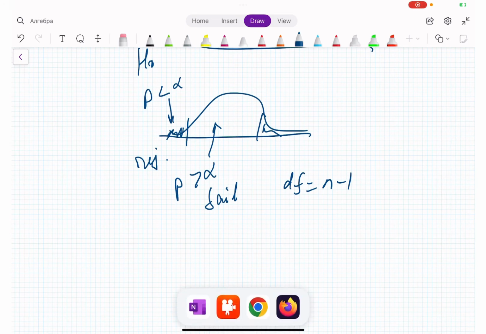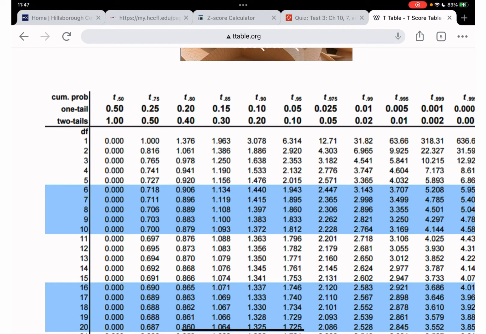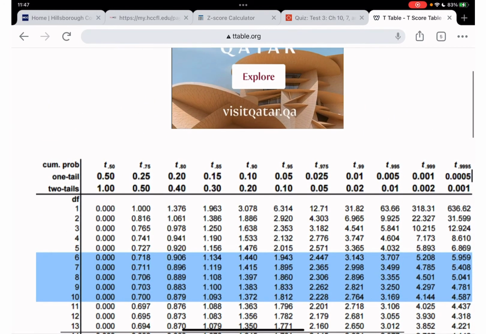On the horizontal line in the title, we have cumulative probability, which gives you the percentage, and one tail and two tails. If it's two tails, we take the lower line, or for one tail, the upper line.